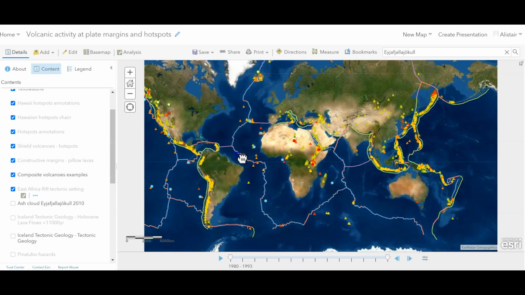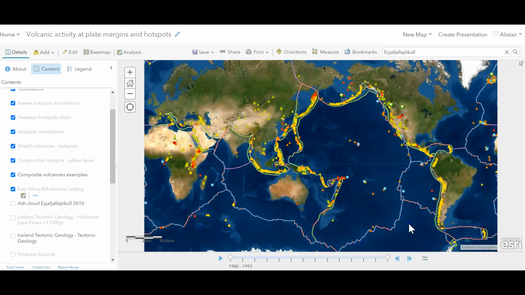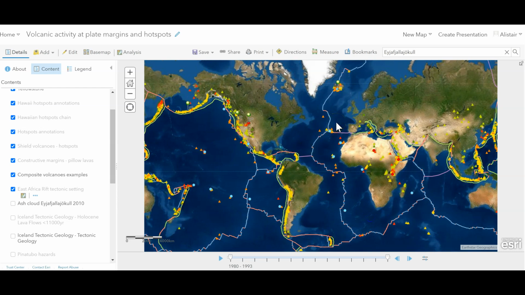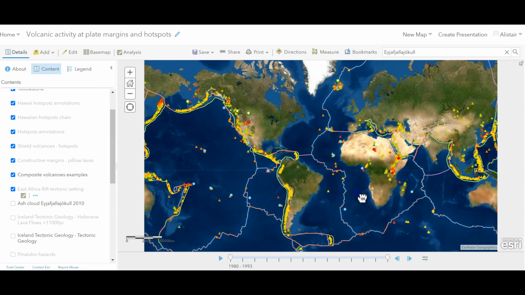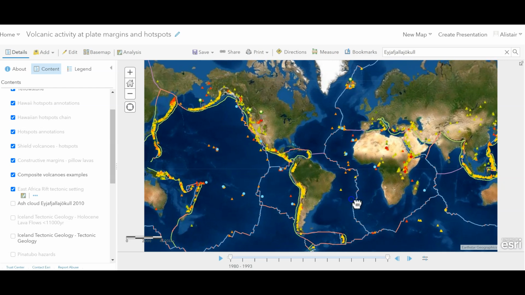There are few volcanoes at your constructive plate margins, but we get 75% of the world's volcanic activity occurring there. That's mostly because that's your quieter pillow lava, which is your basaltic magma, which does not trap the gases and doesn't erupt quite as explosively.